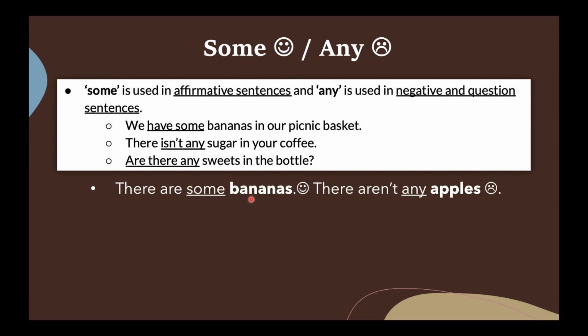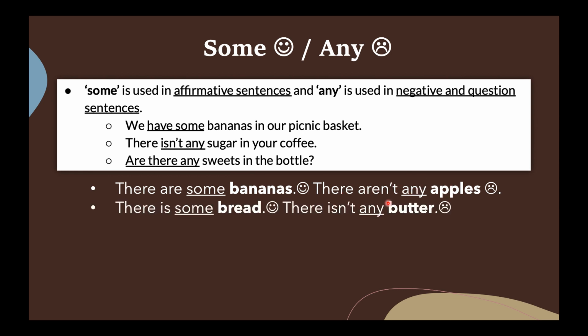There are some bananas. 조금. There aren't any apples. There is some bread. There isn't any butter. Right? Is 셀 수 없어. Isn't 셀 수 없어. Butter. Is butter. Butter는 셀 수 없어요. Are는 셀 수 있어요. 복수. Bananas, some 셀 수 있고 복수형. 그쵸? 그래서 are. Okay?